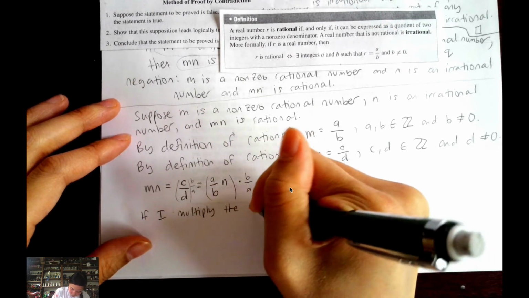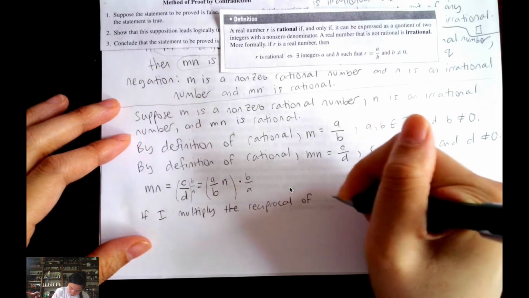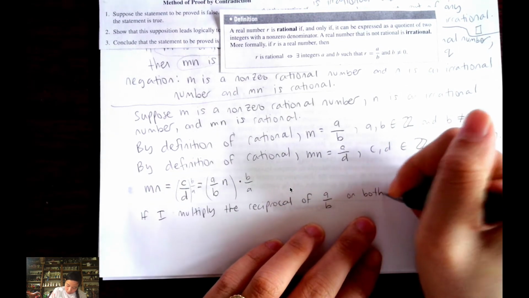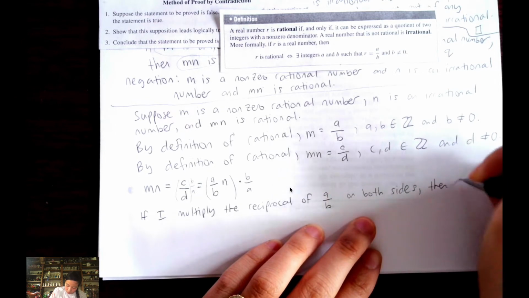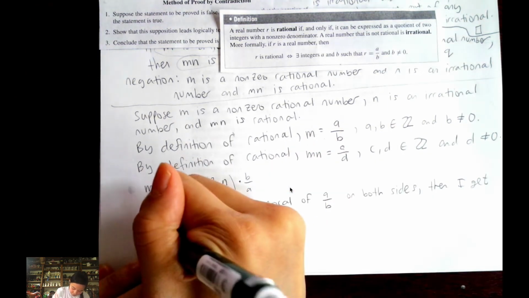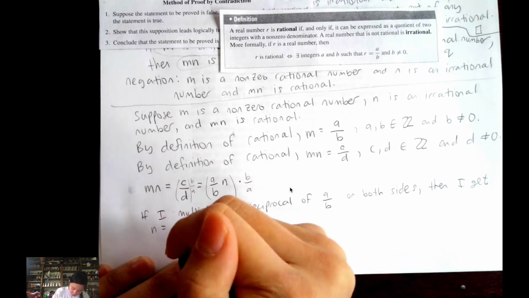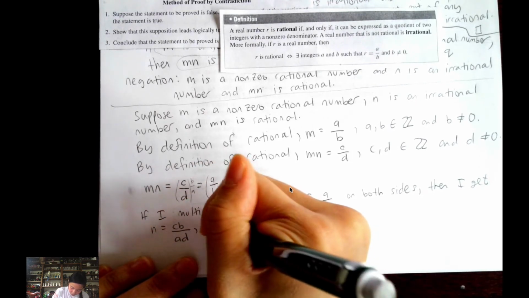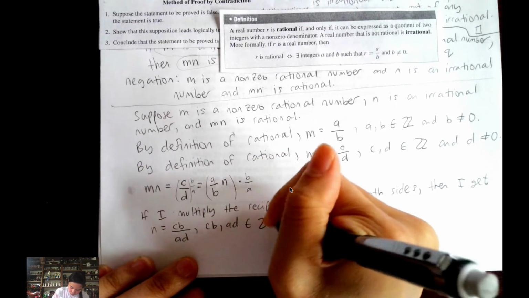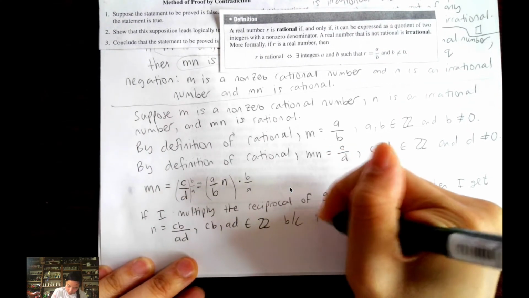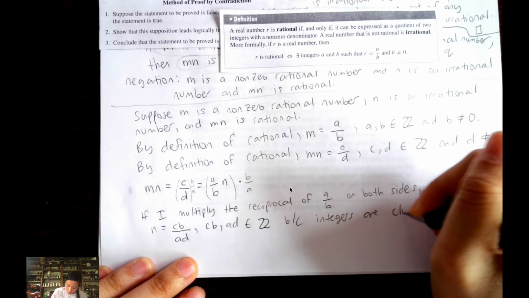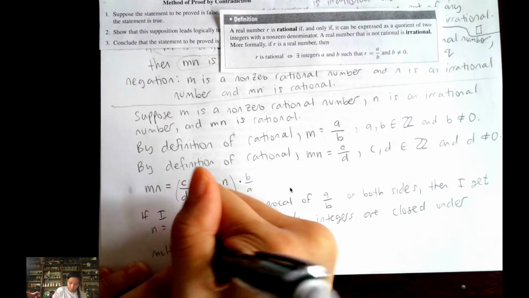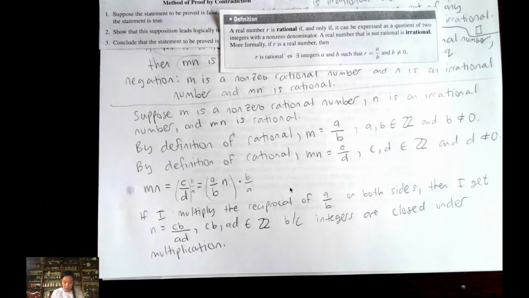So I could say if I multiply the reciprocal of a over b on both sides, then I get n equals cb over ad, with cb and ad being elements of the integers, because integers are closed under multiplication, meaning if I multiply integers together, the product is an integer.